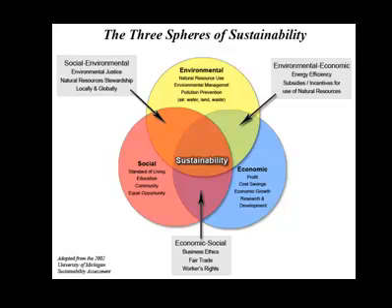Also, some of you may have thought about this already, but this diagram implies that human social and economic spheres can exist outside of the environment, which of course implies that humans can exist outside of the environment. And one of the premises of biomimicry that we've already talked about is that humans are part of nature.